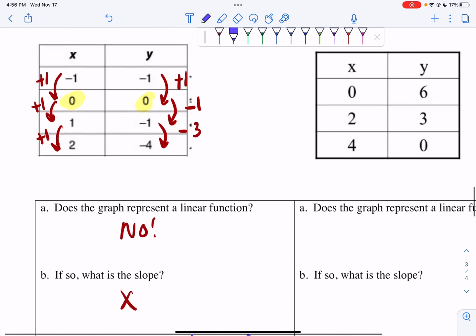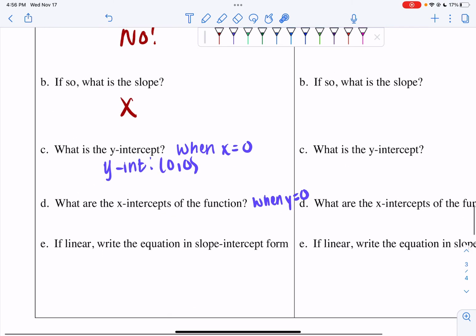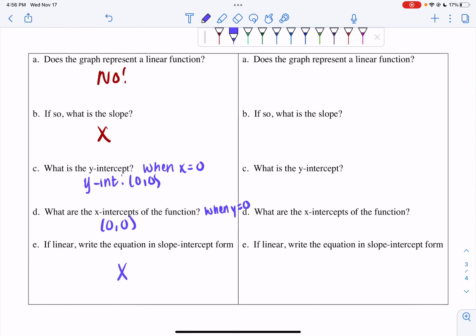So if you look here, when y is 0, I have an x-intercept of 0. So my x-intercept and y-intercept are the exact same. So my x-intercept is 0, 0. And since it's not linear, we're not going to write the equation.